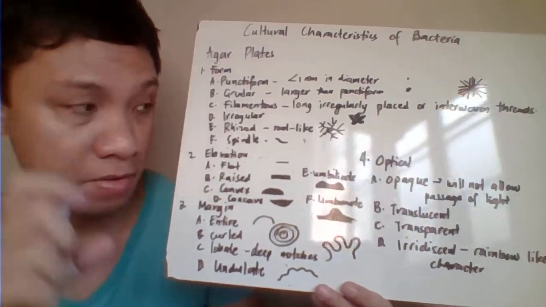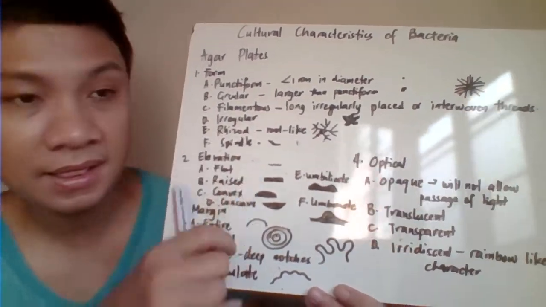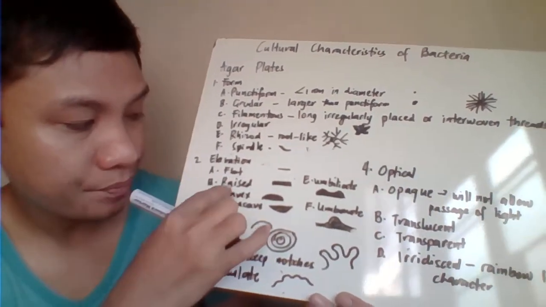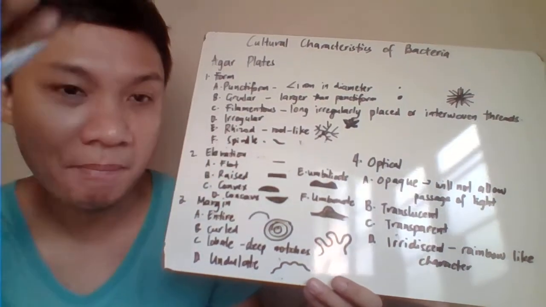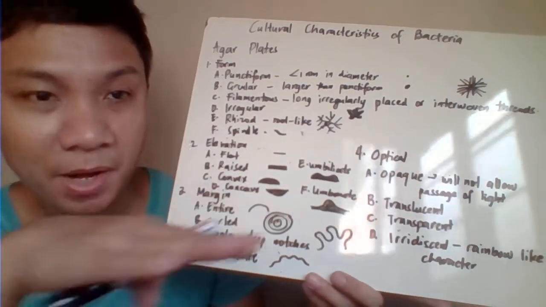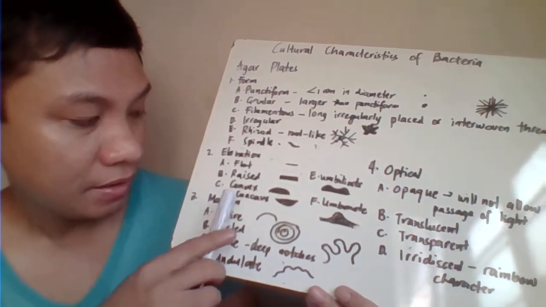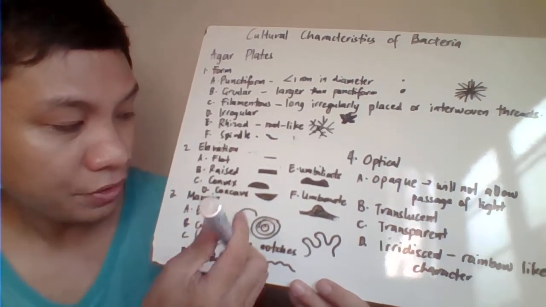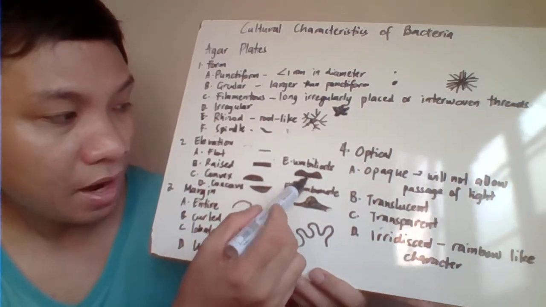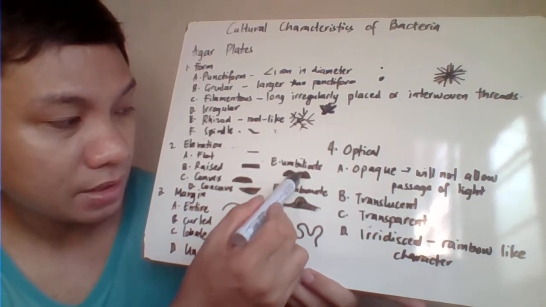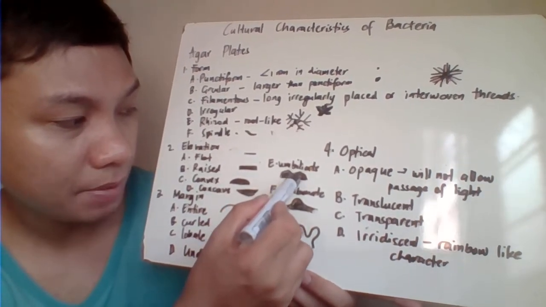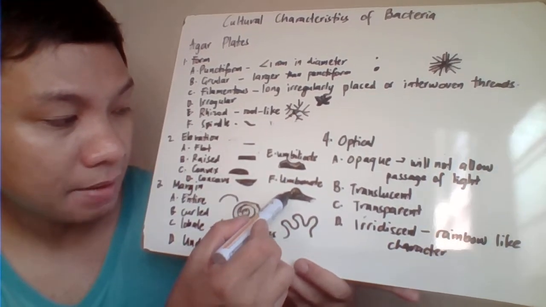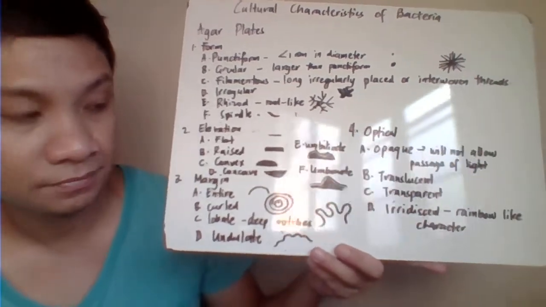You could have flat, where you don't see any rise, just flat on the surface. Raised is slightly elevated compared with the agar surface. Convex, on the other hand, rises upward. Concave goes downward. Umbilicate has a depression at the center but rises upward. Umbonate, on the other hand, has a nipple-like projection.